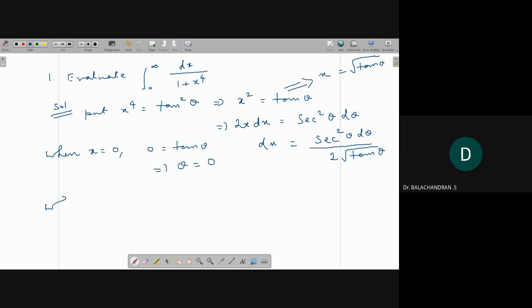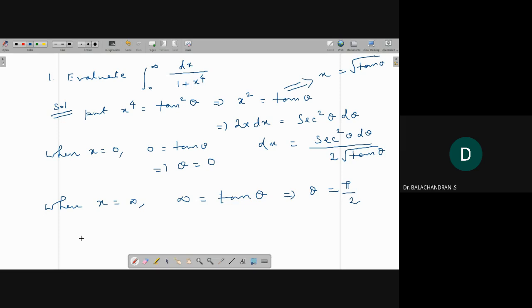Next, when x is equal to infinity, substitute here: infinity equal to tan theta. This implies that theta should be pi by 2.